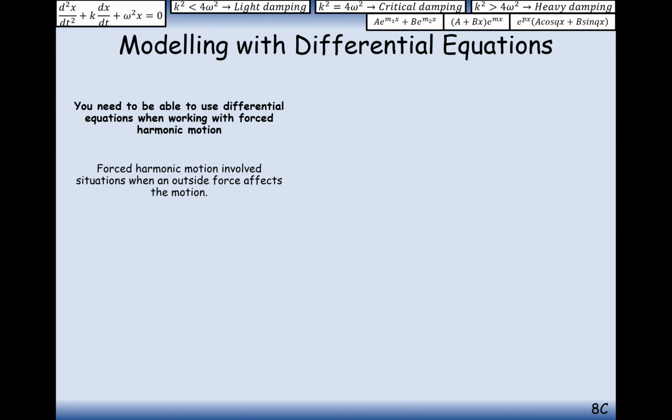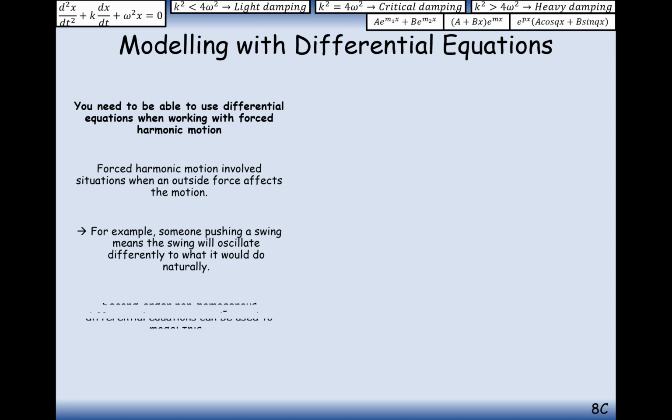Okay then, so we've seen damped harmonic motion. Let's now have a look at forced harmonic motion, involving situations when an outside force affects the motion. For example, when someone pushes a swing, the swing will oscillate differently to what it would do naturally. Second order non-homogeneous differential equations can be used to model this. Homogeneous just means it equals 0 on the right hand side.